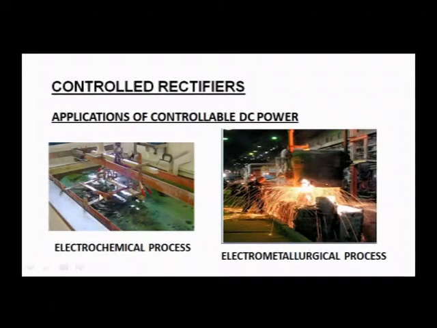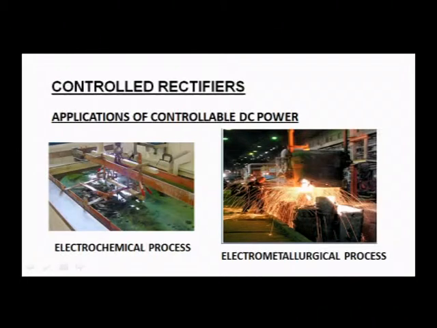Then you come to electrochemical processes, electrolysis and chemical reactions taking place. One best example is your batteries, where power is stored and you can use it when you like. Then there is refining, or purification, of water.